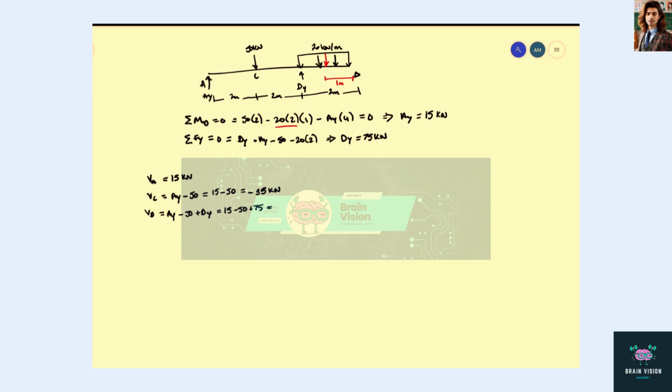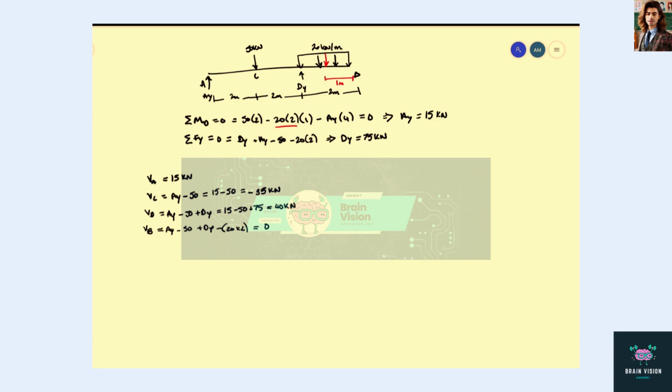And that's going to equal 40 kilonewtons. And then last but not least, we look at the shear force at B. So AY minus 50 plus dy minus 20 times 2. And solving for all that, we get 0.